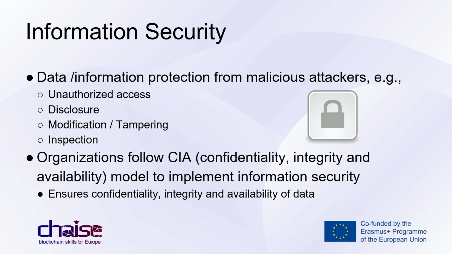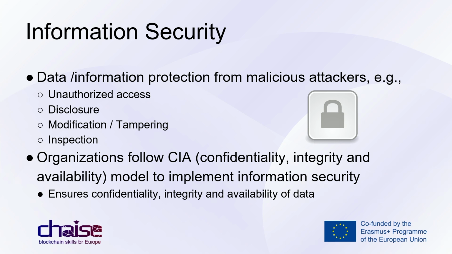Information security protects the data and information within the system from malicious attackers against unauthorized access, disclosure, modification, or we can say data tampering, resource tampering, information tampering, and inspection.